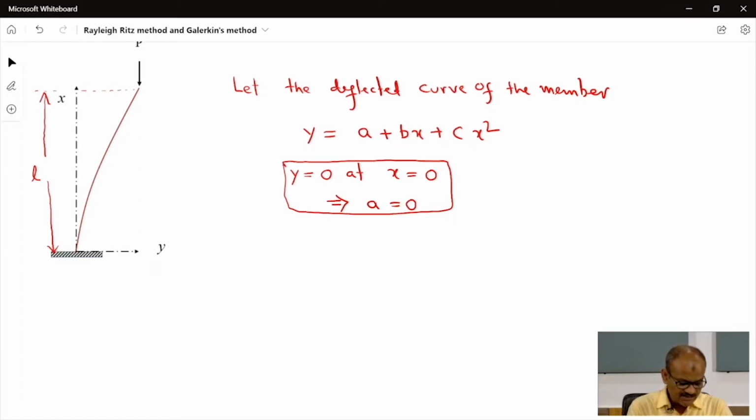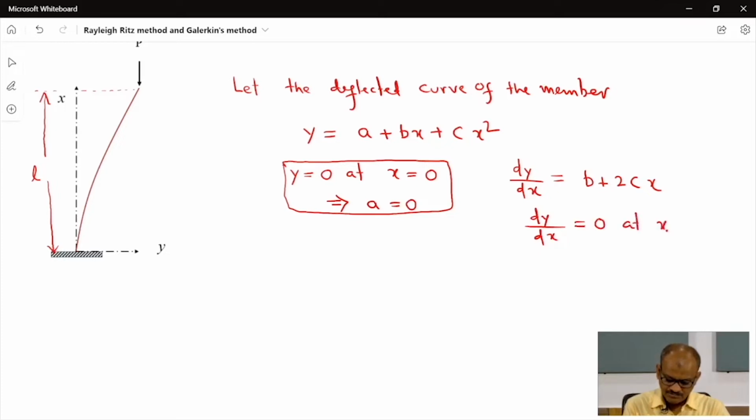Another is that at the fixed end the slope is equal to 0. So we can write dy by dx is equal to b plus 2cx, and dy by dx is equal to 0 at x is equal to 0.